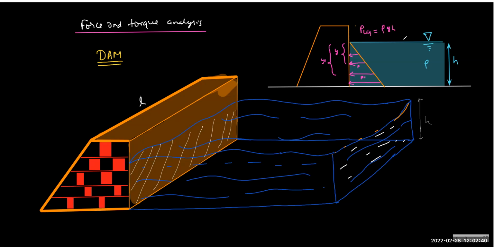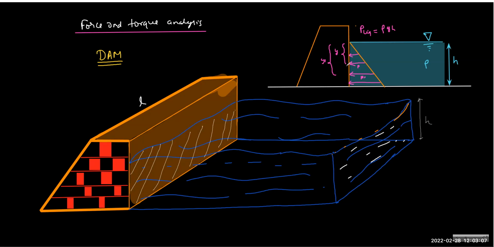I'm interested in how much pressure the liquid is creating. We do not consider the pressure due to the atmosphere, because the atmosphere will press from this side, and the atmosphere will press from this side as well, and both will balance out eventually. So that's not an issue. We'll only consider the liquid pressure.